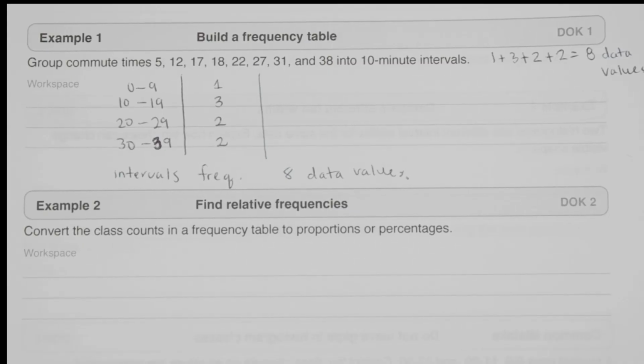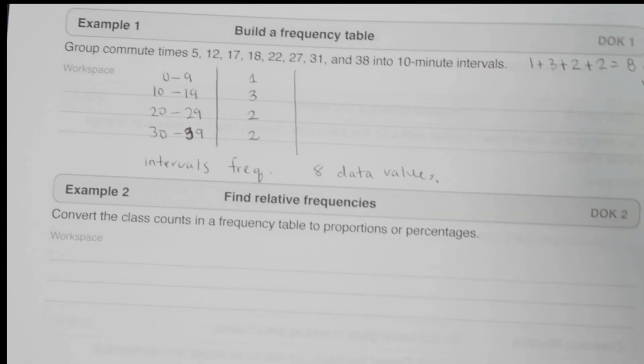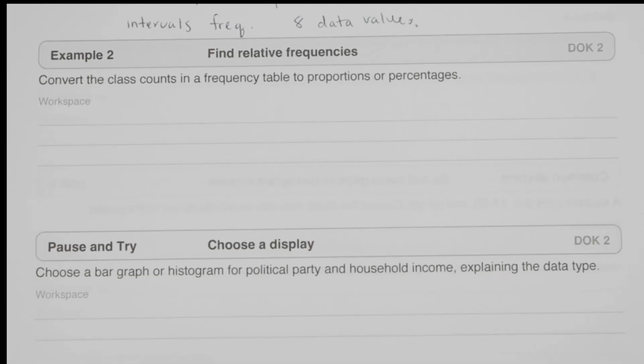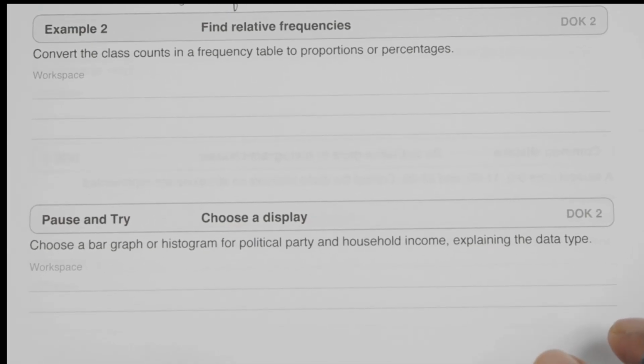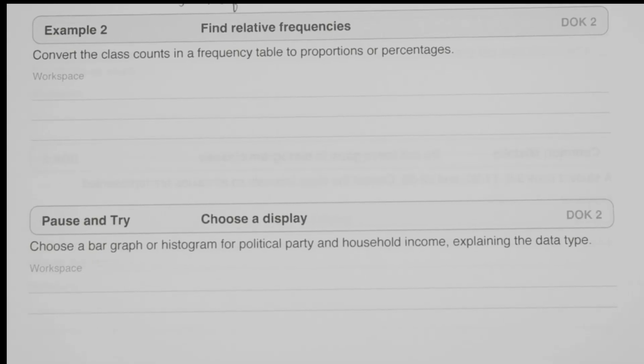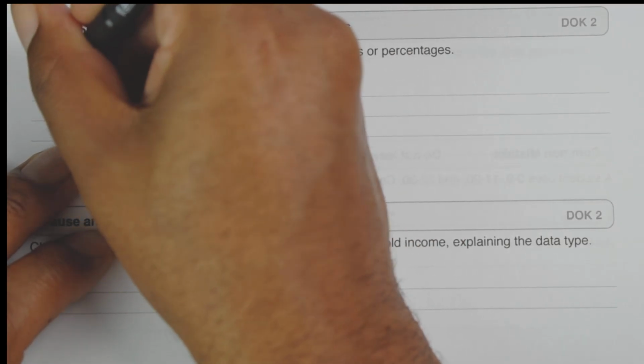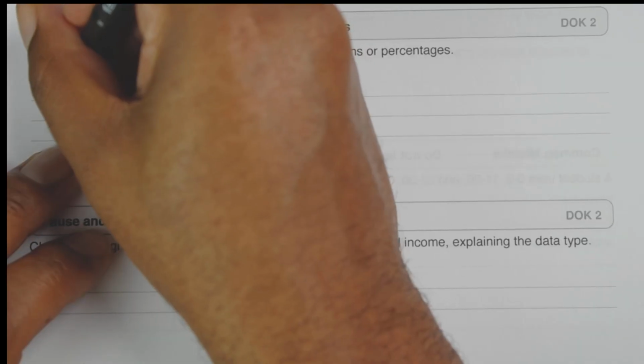All right. Example number 2: convert the class counts in a frequency table to proportions or percentages. Now let's turn these counts into percentages, using the data from our previous question. This is asking for something called the relative frequency.